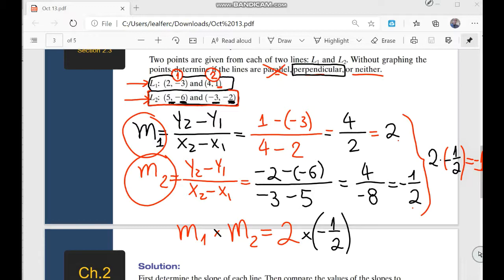If you multiply 2 times -1 over 2, simplify, positive and negative, negative, this will result in -1. Every time you find this as a result, -1, that means the lines are perpendicular.